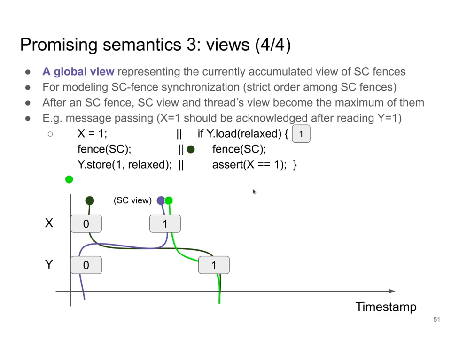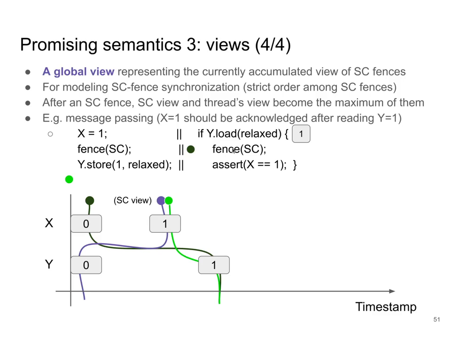Okay, let me explain again. My per thread view is here, x equals 0 and y equals 1. But it should be updated with the SC view. As a result, this x equals 1 is automatically acknowledged at the time that the fence is executed.